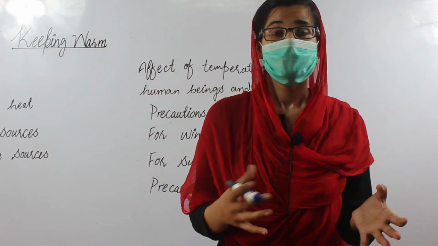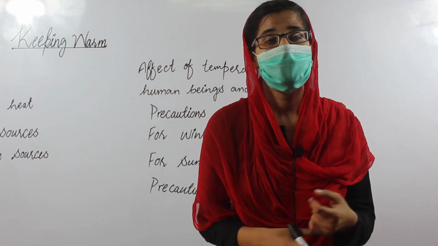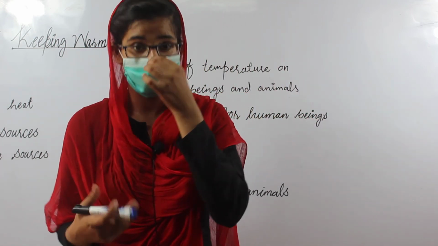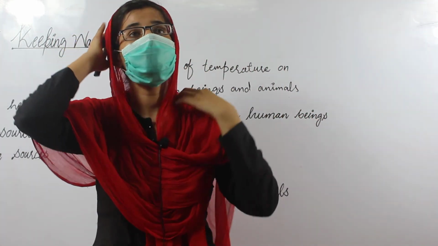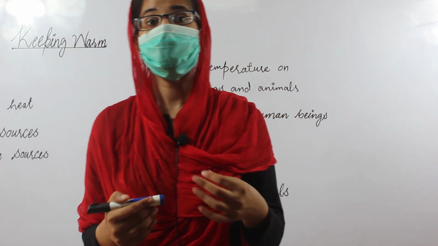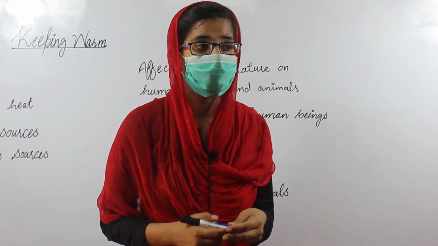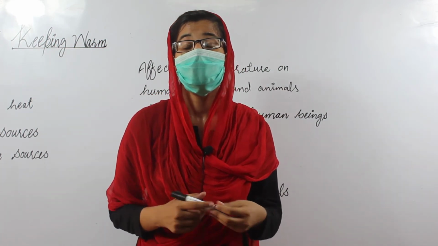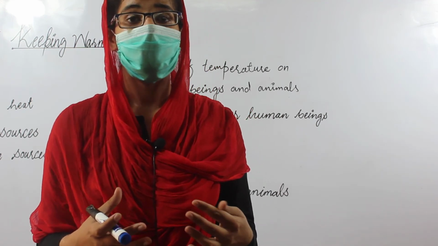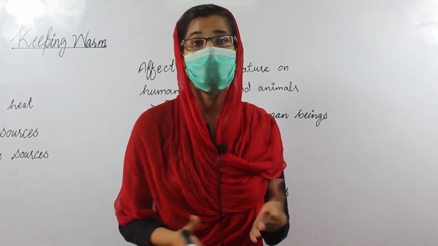And here are some precautions for human beings, how we keep ourselves safe in winter. We should use thick clothes, we should use heaters, and we should try to stay at home to keep ourselves warm.